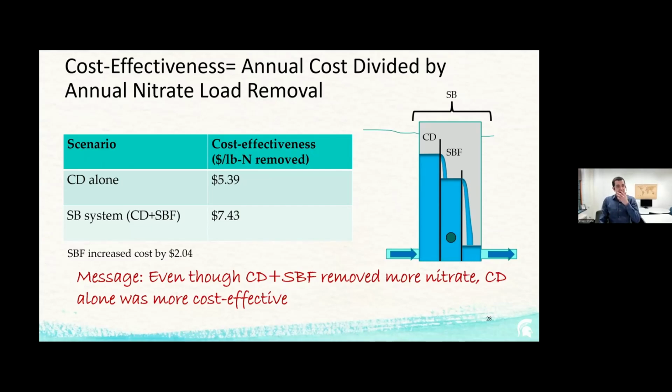And like I mentioned, this is site specific and it really depends on the layout of the drainage system. If your field has laterals near the edge of the field, like in this case, which is within the area impacted by the control drainage, then you will inadvertently create distribution pipes. And that will create lateral seepage and nitrogen load removal.